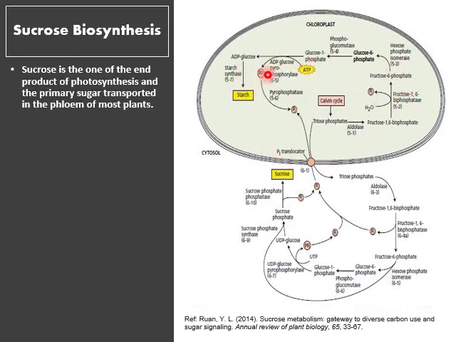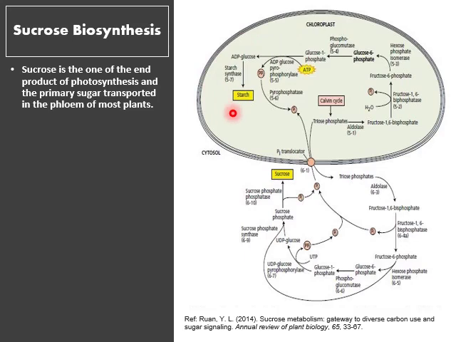The light reactions are dependent upon light, and the dark reactions are also called the Calvin cycle or the C3 cycle. The final products of the C3 cycle are three carbon compounds called triose phosphates. These triose phosphates and all this process run in the chloroplast of the plant cell.